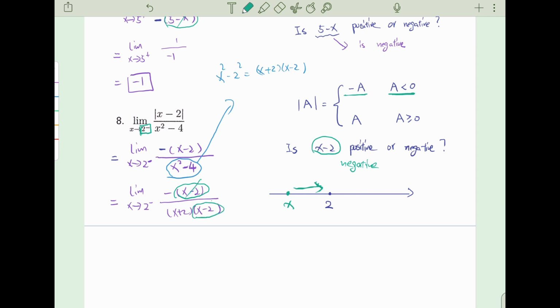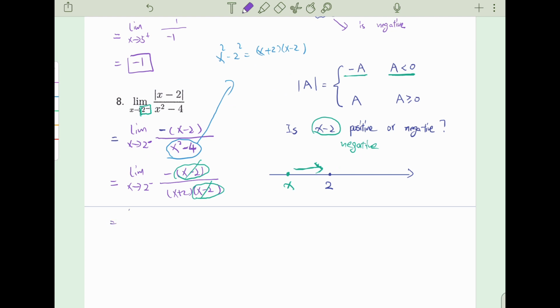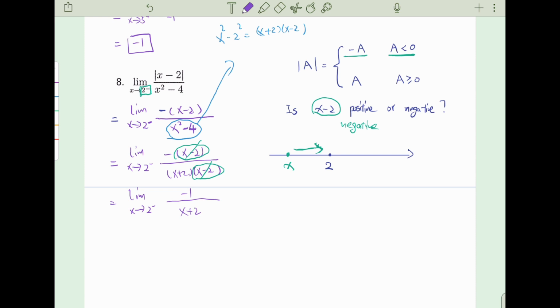Get rid of them. And I'm left with the limit as x goes to 2 minus of negative 1 over x plus 2. And I plug in x equal to 2. That is negative 1 over 2 plus 2, which is equal to negative 1 over 4.